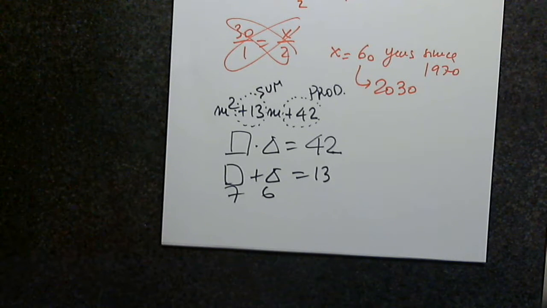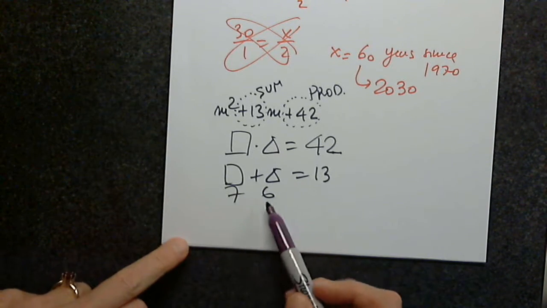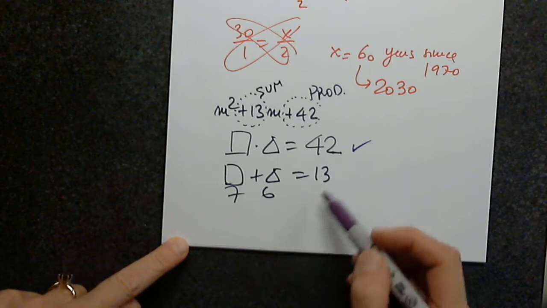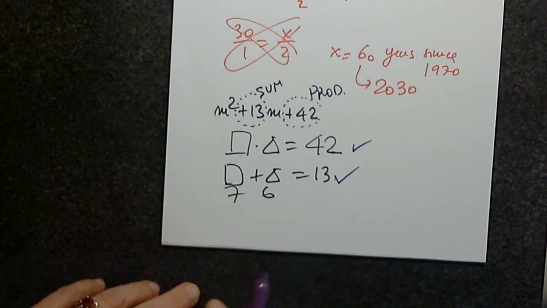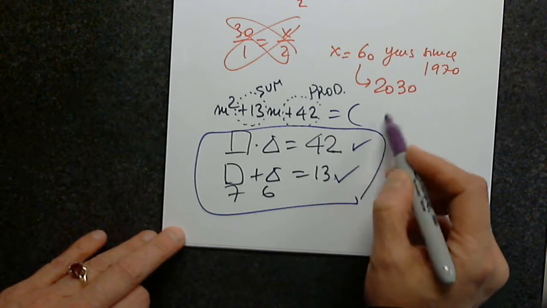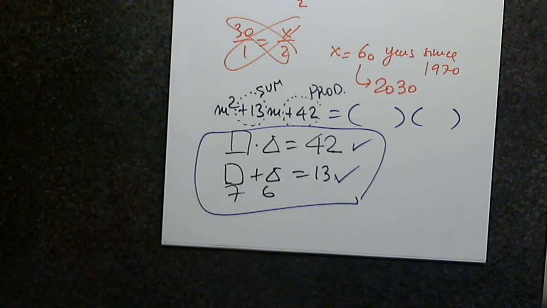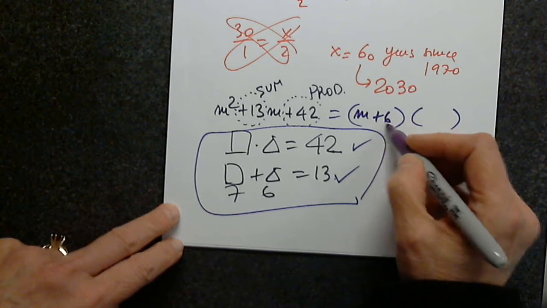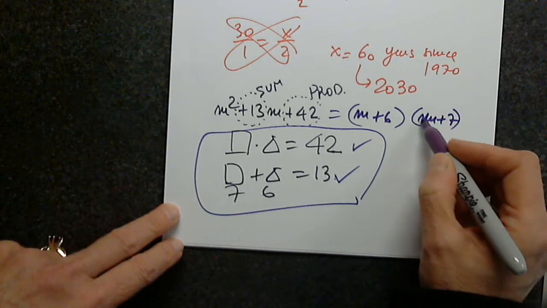Only two numbers work. No one can find another pair of numbers that work. So both conditions have to be fulfilled. 7 times 6 is 42, and 7 plus 6 is 13. Both conditions must be fulfilled. So then I know that this is factorable, and how? M plus 6, M plus 7. That's it. M plus 6, M plus 7.